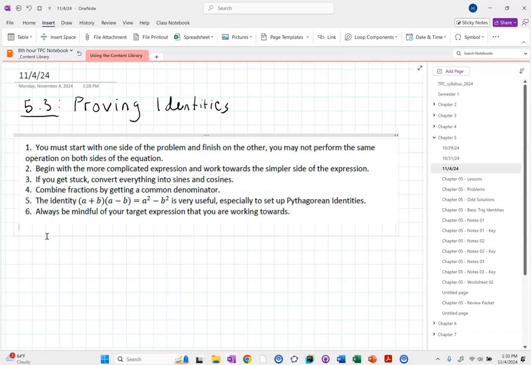And then my last item here says always be mindful of your target expression, what you're working towards. Keep your eye on where you're trying to get to. Oftentimes there's going to be clues about what piece I have to work on changing based on what I need the final answer to look like. It might tell us what to multiply the top and bottom of a fraction by. It might tell us what thing I need to work on changing with an identity.